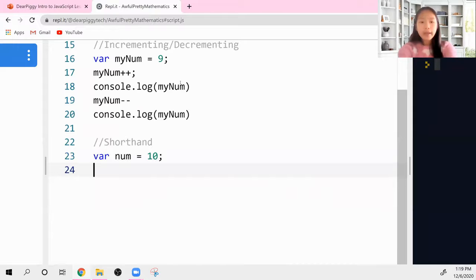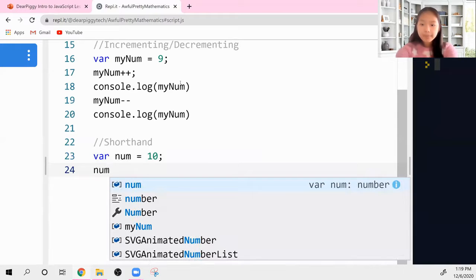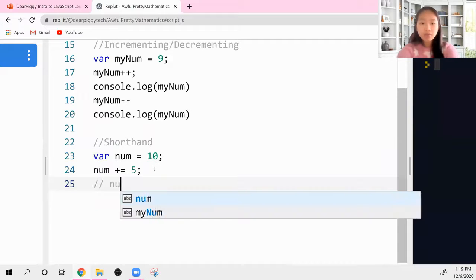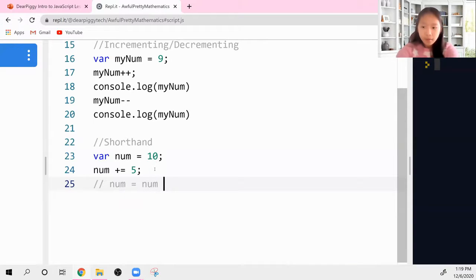And so if I did num plus equals 5, what's your guess? What do you think is going to be the value of num? Well, I'll tell you. num plus equals 5 is the equivalent of num is equal to num plus 5.